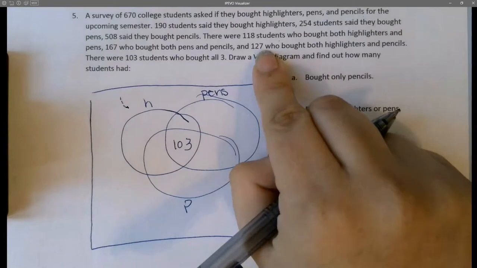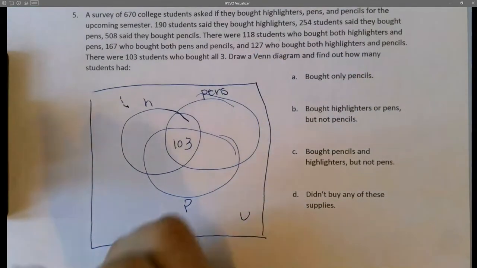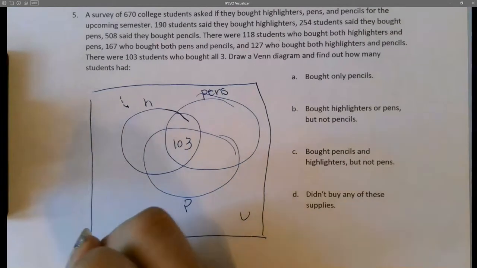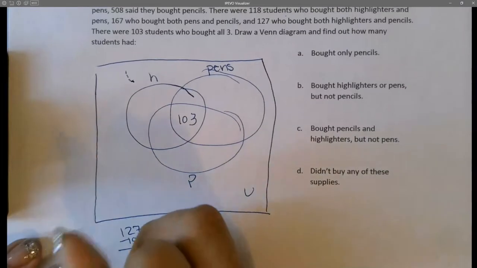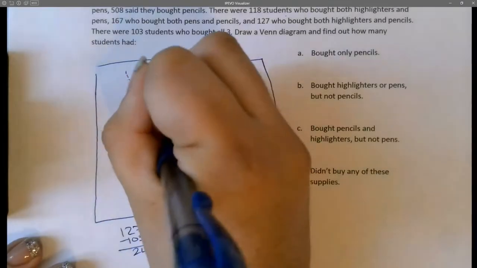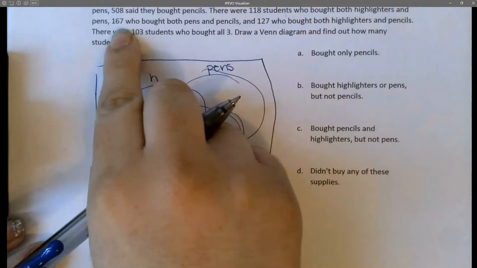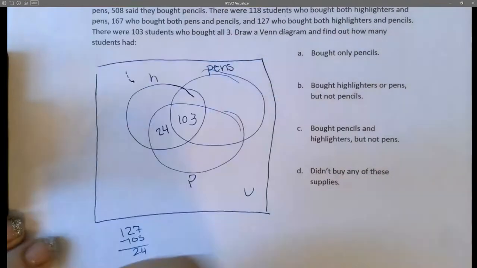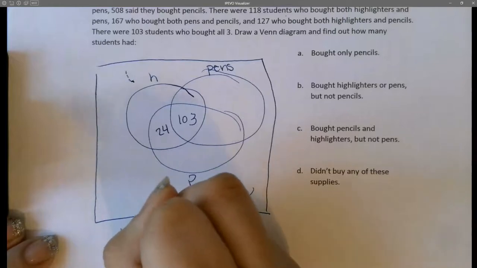It says 127 bought both highlighters and pencils. So to find that, I am going to do 127 minus 103, which gives me 24. So 24 people bought highlighters and pencils, but not a pen. Okay, and then I'm going to do the same thing for pencils and pens, which is 167 minus 103.